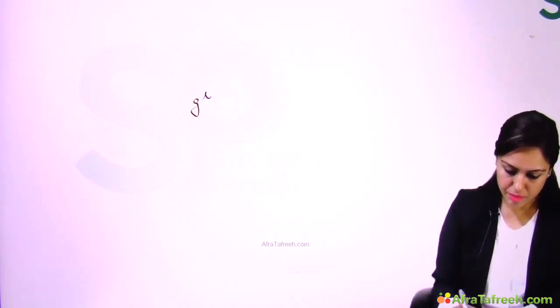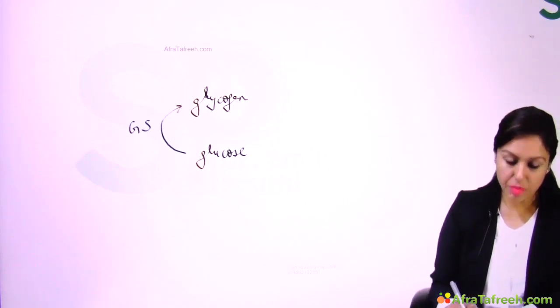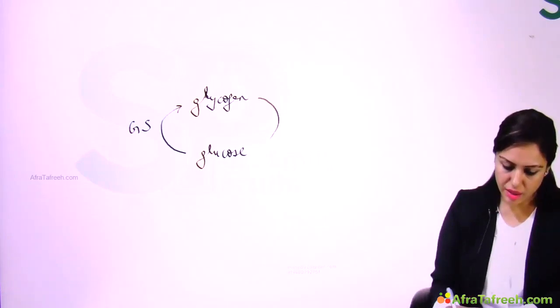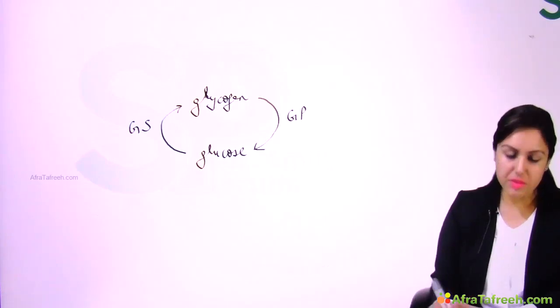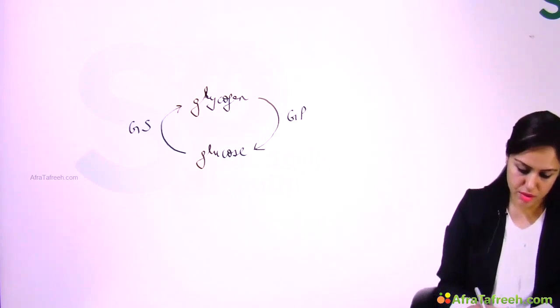Now, exact opposite of this we will be doing for fed state. So the basic thing I am making same. Here glycogen, here glucose. Glucose to glycogen, main enzyme, glycogen synthase. Glycogen to glucose, main enzyme, glycogen phosphorylase.